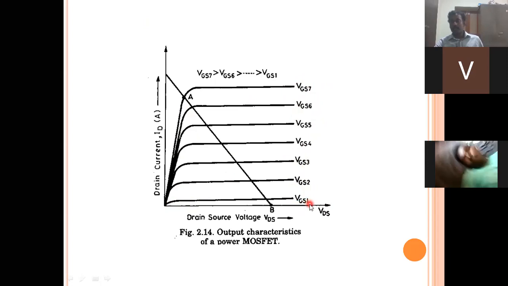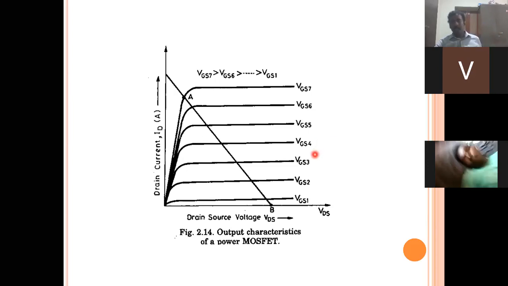What is this VGS1? Voltage applied between the gate and source at the first instant, voltage applied at the second instant having a higher magnitude, and voltage applied at some other instant having a still higher magnitude. So this may be 2 volts, this may be 4 volts, this may be 6 volts, this may be 10 volts, like that.